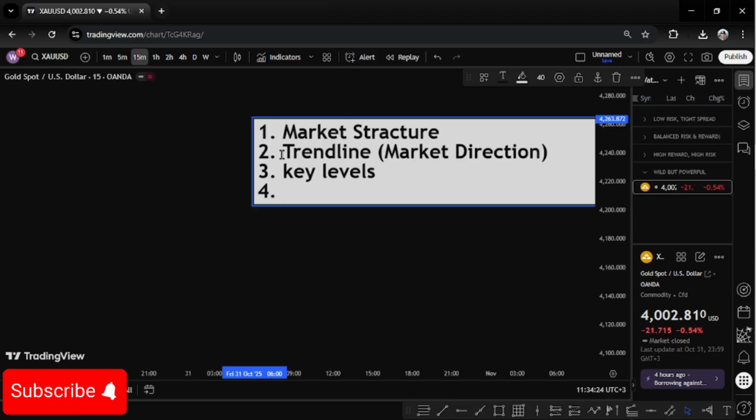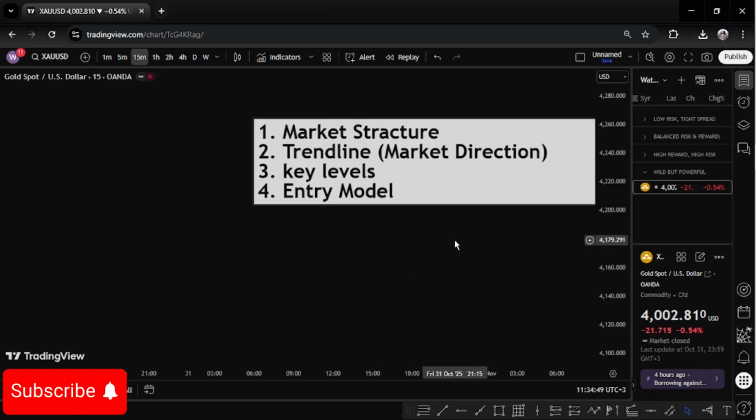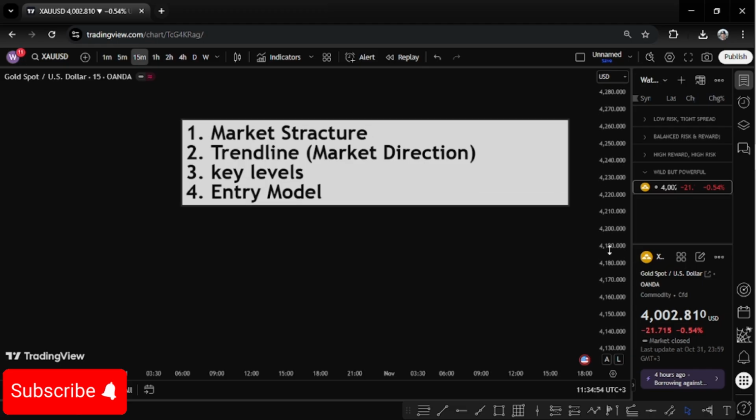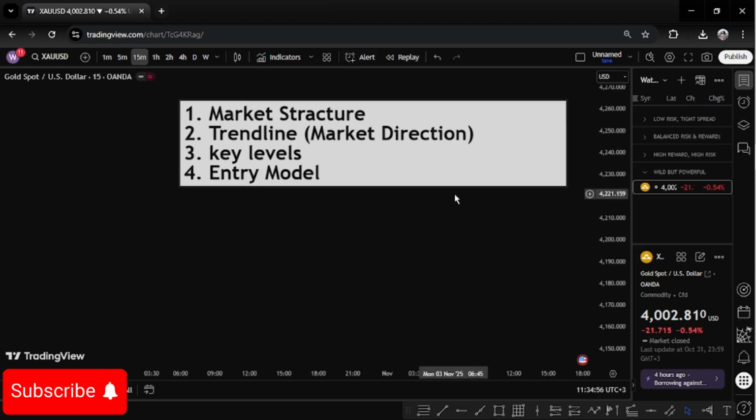Also we'll look at the entry model, how to enter after you get to know the market structure, the trend of the market, the direction, is it a bullish trend, is it a bearish trend, and the key levels like support and resistance, supply and demand.